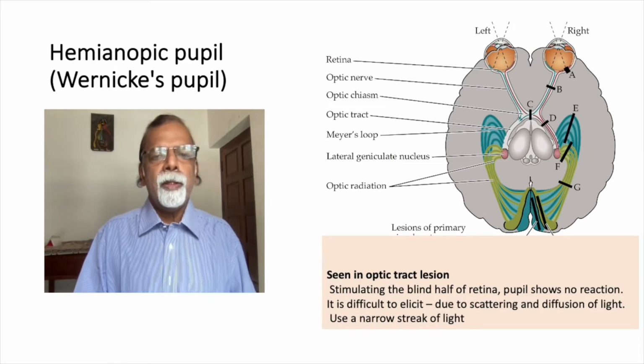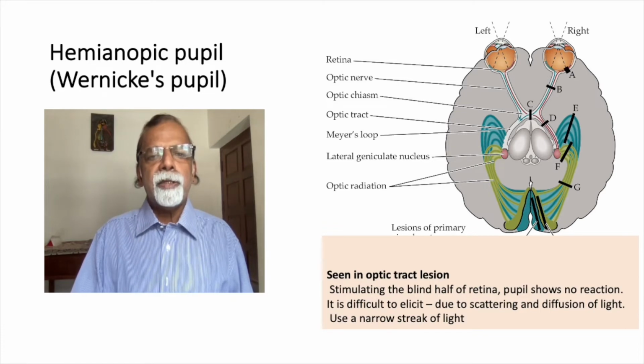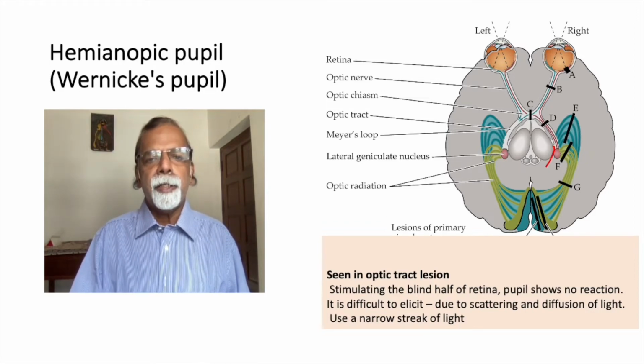So if you remember the pupillary light reflex, the fibers don't go and relay in the lateral geniculate body. Without that, they go to the midbrain. They go to the pretectal region where they relay, and from there they go to the Edinger-Westphal nuclei.